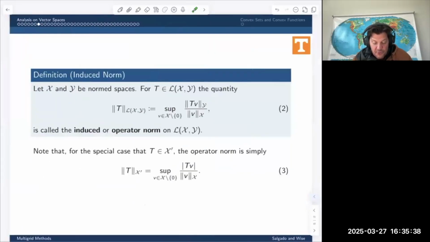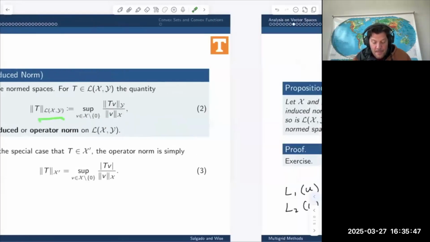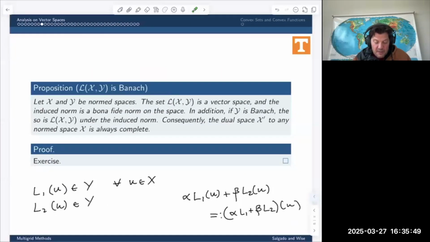Now, I've already given a possible norm on this vector space, because I've shown you how to compute something like this. So this object that I just defined is actually a bona fide norm. Okay, the induced norm, the operator norm, is a true, good norm on this space of functions. And additionally, if Y is a Banach space, we only need Y to be a Banach space, then this whole space is a Banach space under the induced norm.